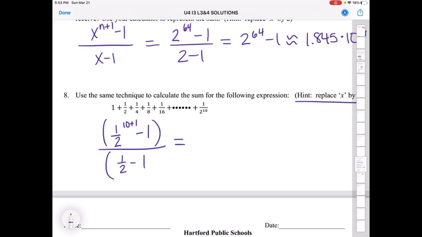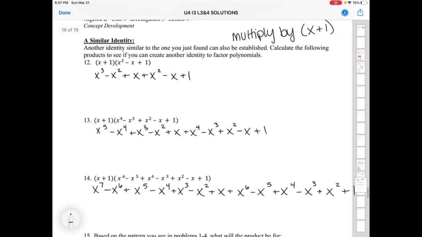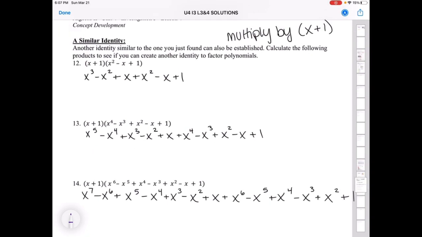If you're hitting the divide button, make sure that they're both separated by parentheses. Order matters when you're dividing. So here, when you're putting this in your calculator, you're going to get something like 1 and 1023 over 1024. So this is going to give you approximately 1.99902, and so on.